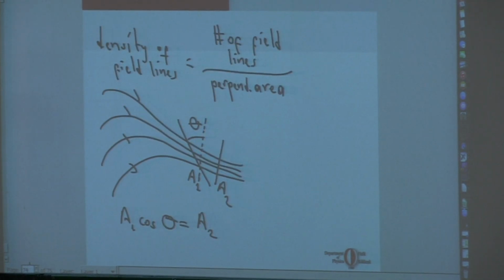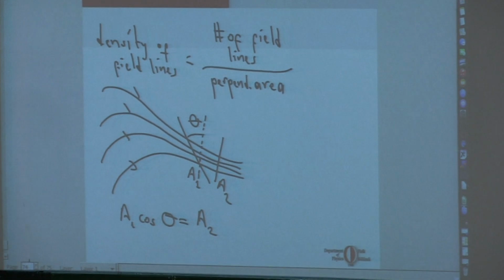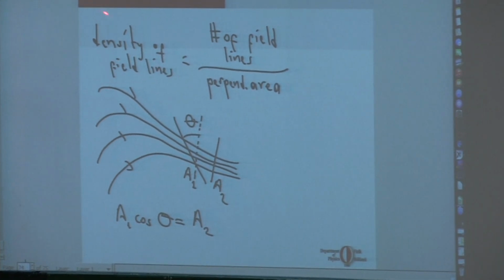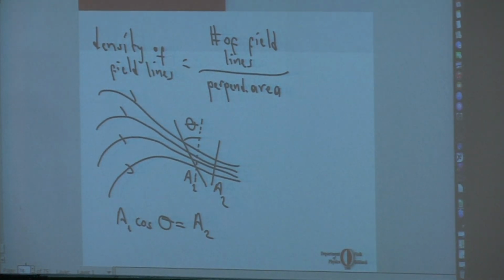So going back to this example, when we were defining the density of field lines, first we said we have to take a perpendicular area, count the number of field lines that pass through that area, and take the ratio. That gives you the density of field lines, and hence the magnitude of the electric field.